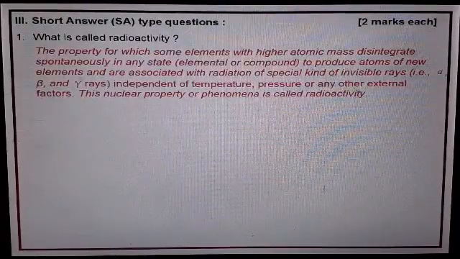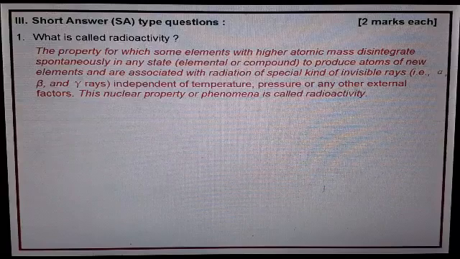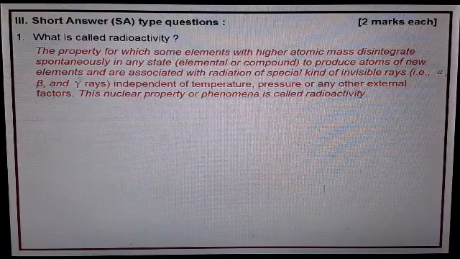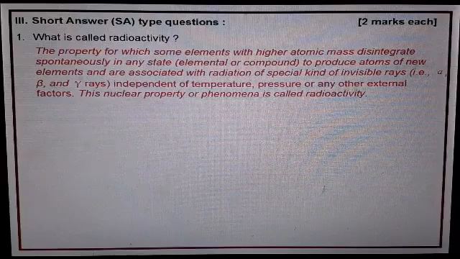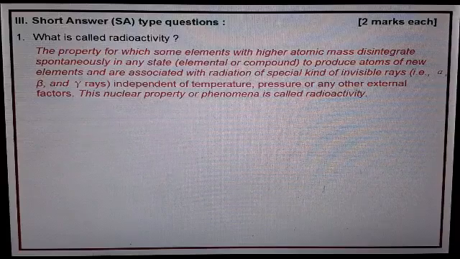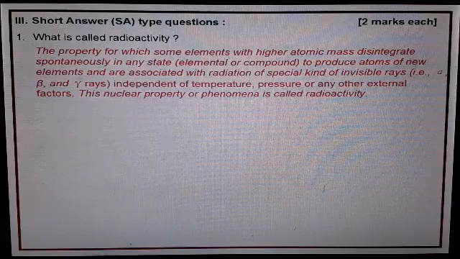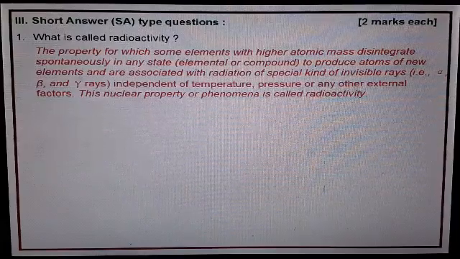Here a proper definition would be: the property for which some elements with higher atomic mass disintegrate spontaneously in any state, elemental or compound, to produce atoms of new elements, and are associated with radiation of special kind of invisible rays, that is alpha, beta or gamma rays, independent of temperature, pressure or any other external factors. This property or phenomenon is called radioactivity.